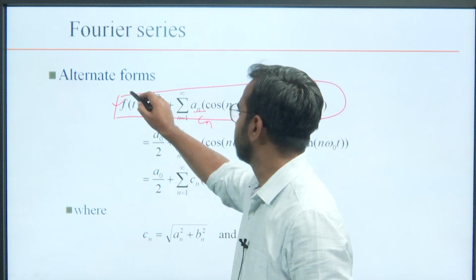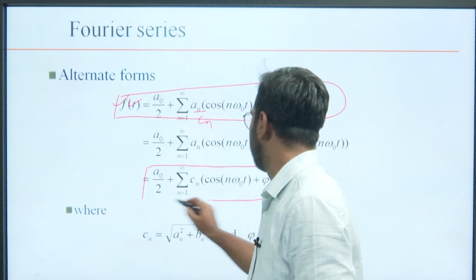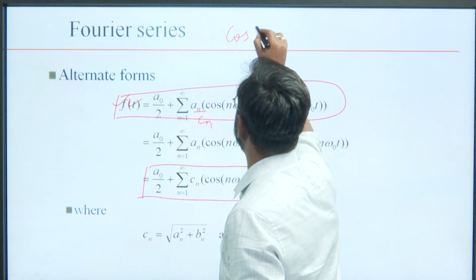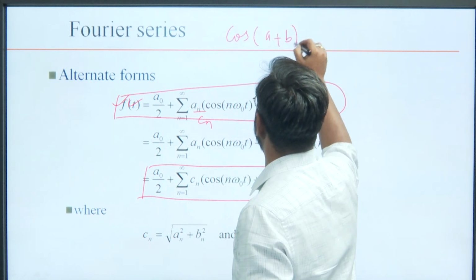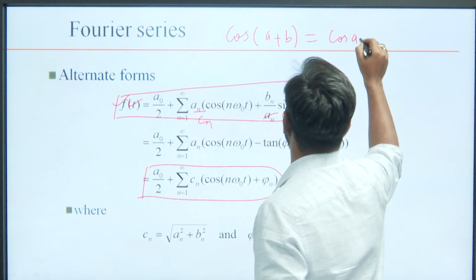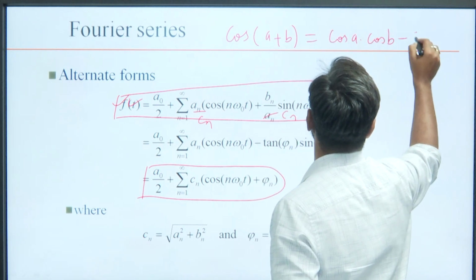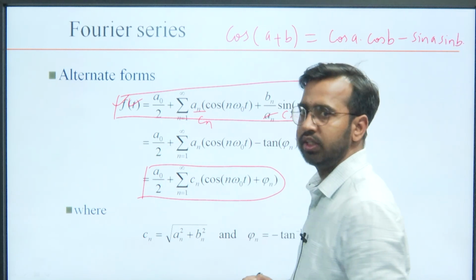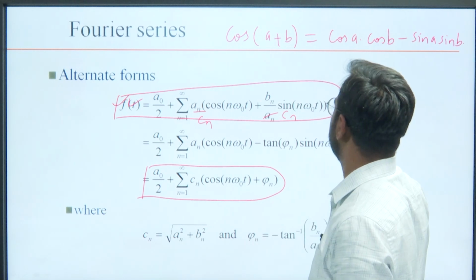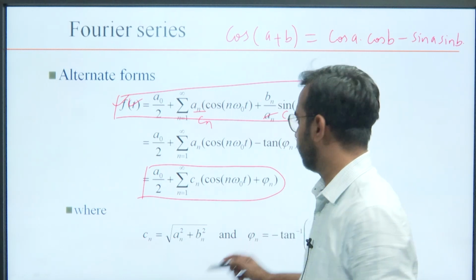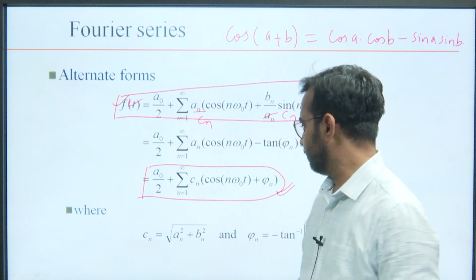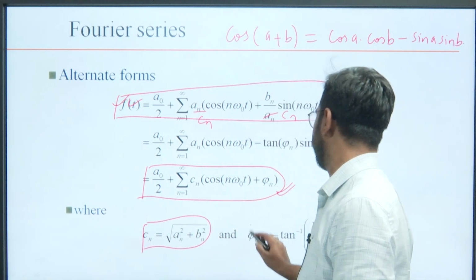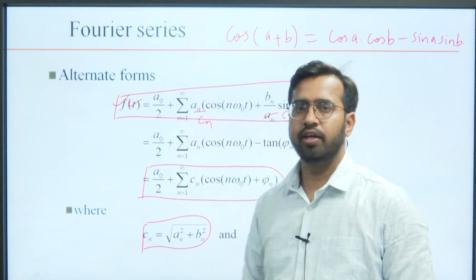You have to remember one thing: cos(A+B) is equal to cos A into cos B minus sin A into sin B. Using this relation we have converted the trigonometric form into a cosine form, where Cn represents the square root of an square plus bn square, and phi n represents the angle tan inverse bn by an.